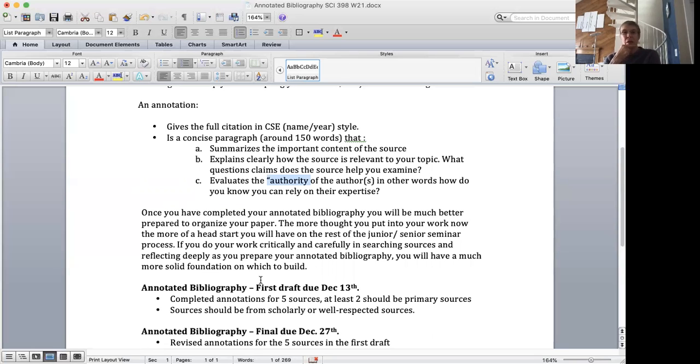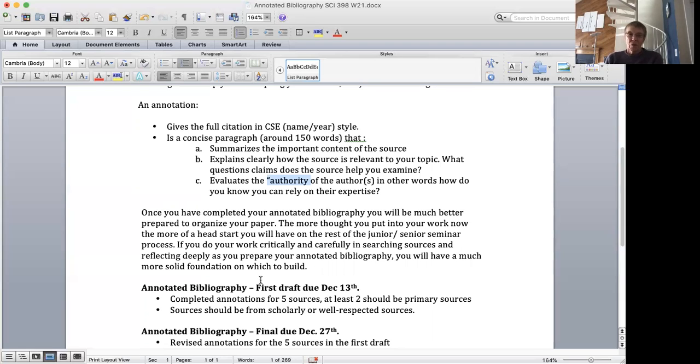The other 3 can be review articles, textbooks, or authoritative websites, like the CDC, the American Heart Association, or the Forestry Service. Those types of websites are acceptable, but just news and views kinds of websites are not. So sources should be scholarly or well respected, and at least 2 should be primary.